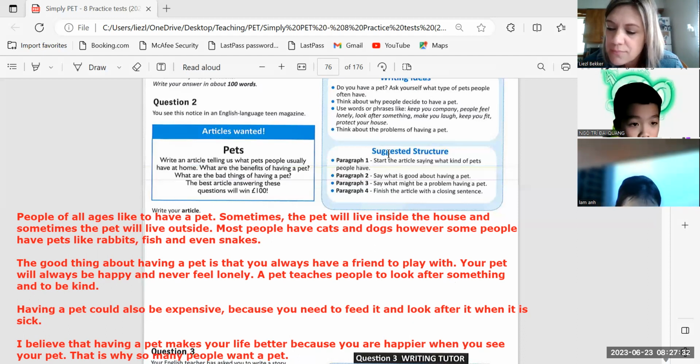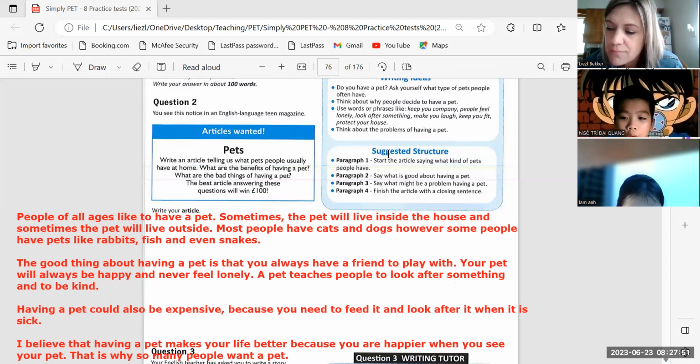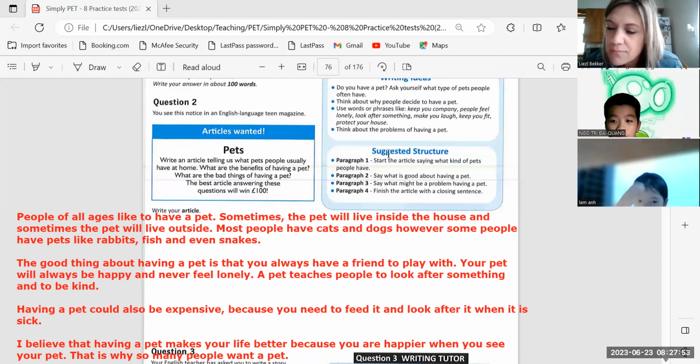I believe that having a pet makes your life better because you are happier when you see the pet. That is why so many people want a pet.